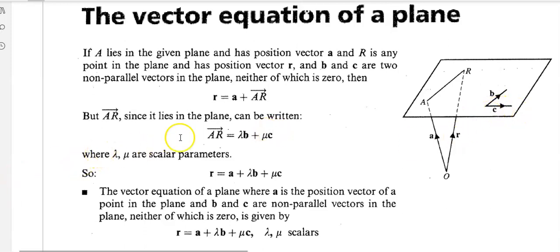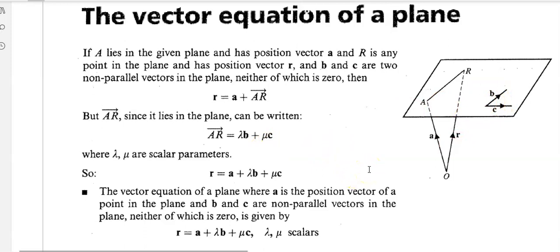That means R is equal to A plus AR. So to get to your general point R, you have to go along A, and then you have to go along AR. Now you may remember way back when that any vector can be written as scalar multiples of two non-parallel coplanar vectors.